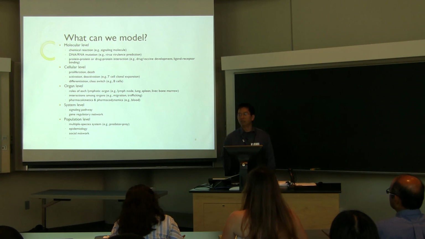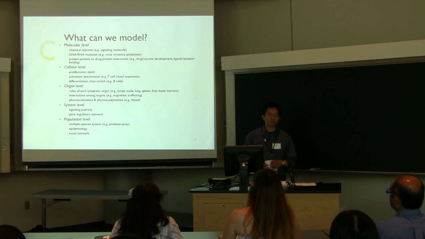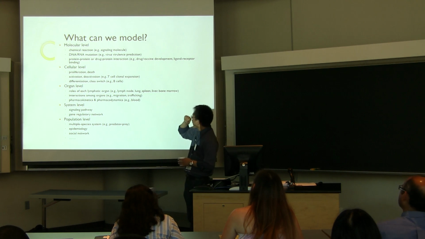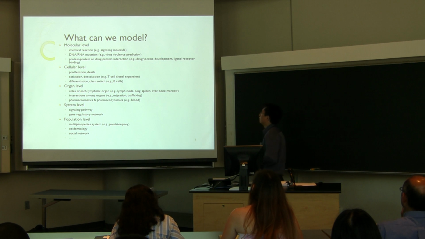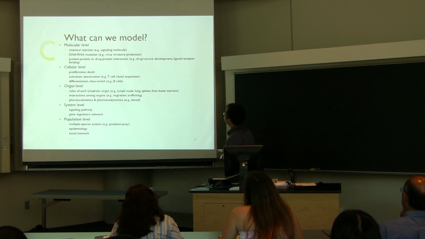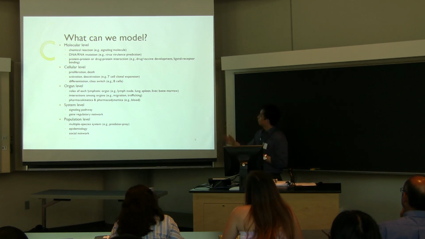If you know something about molecular dynamics, you can use Amber or many other packages to run a simulation. You can also model DNA mutation, for example to predict virus virulence, and of course protein-protein interaction or drug-protein interaction.